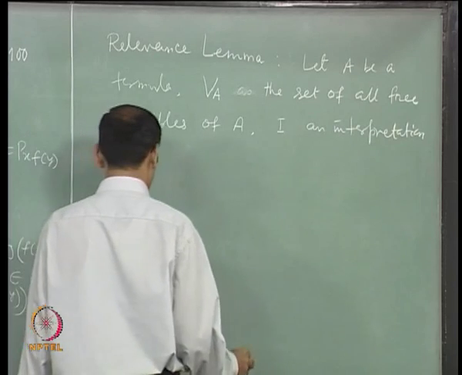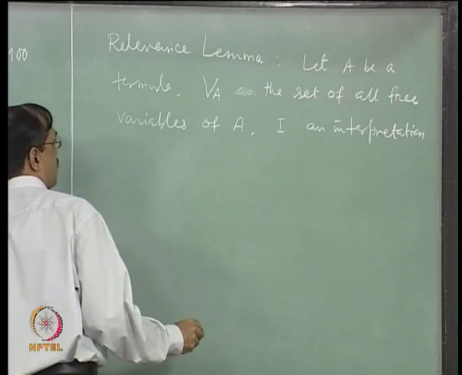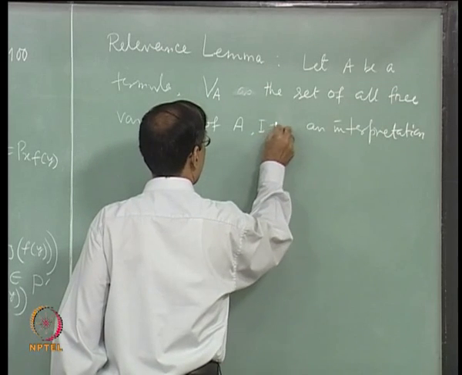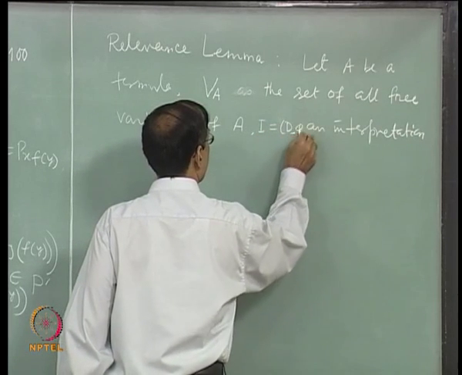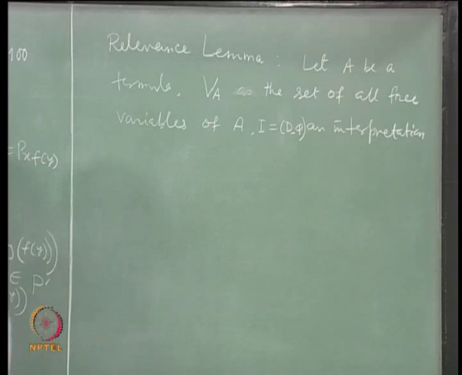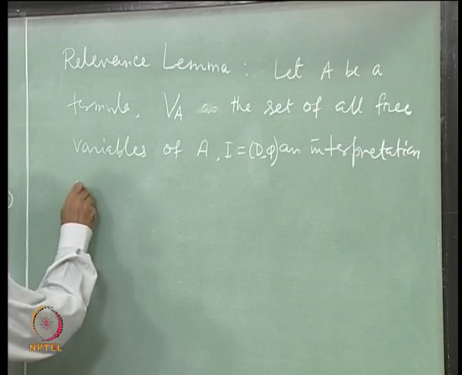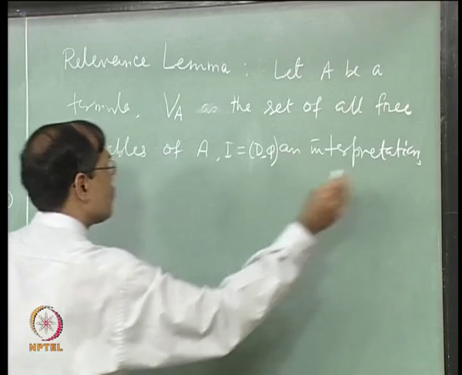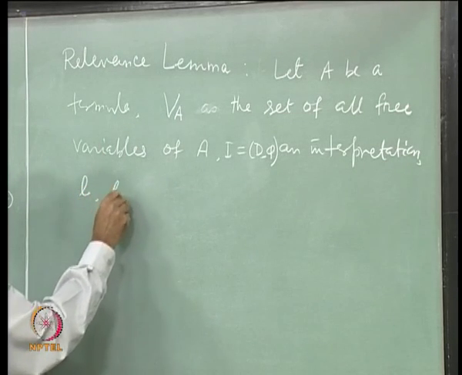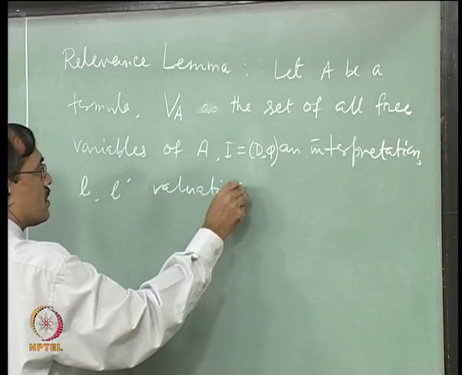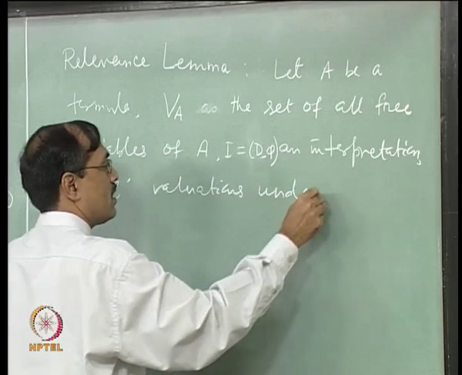We may write this I as the ordered pair with domain and the map, say I is (D, phi), an interpretation, and let us take two valuations L, L prime under this interpretation I.